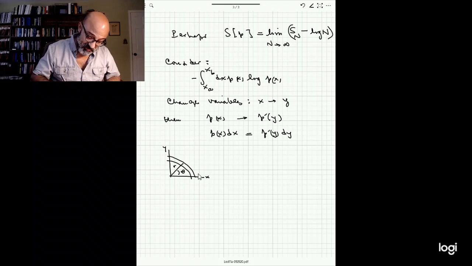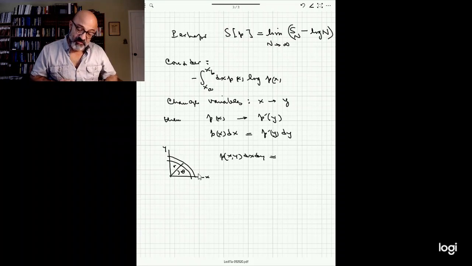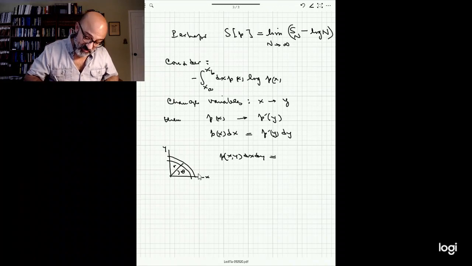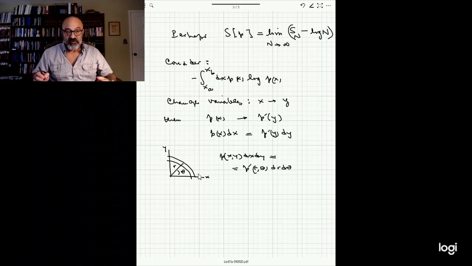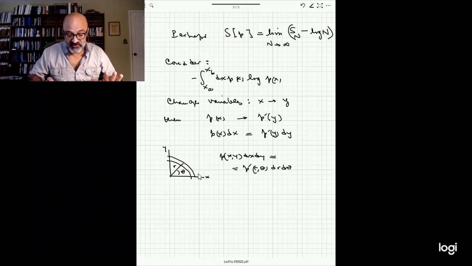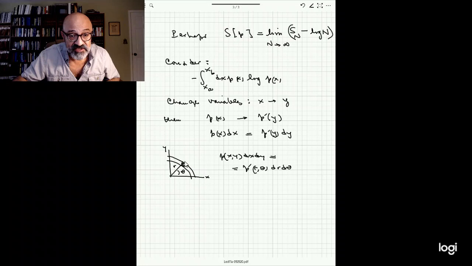Then it should be fairly clear that when you describe it in Cartesian coordinates, this should be the same as the description in terms of the polar coordinates, and here we have dr d theta, right? That just means you're changing coordinates. The probability of being in a particular little volume element here, where you describe it in terms of x, y, or r theta, it's exactly the same.